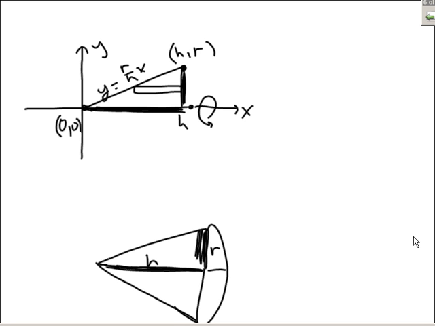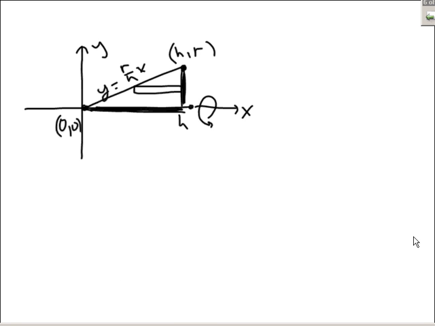Okay, so let me get rid of the bottom and let's work this out. We know that the volume is going to equal 2 pi times the integral of the radius times the height times d something. Well, since the thickness is going up and down, that's a dy.